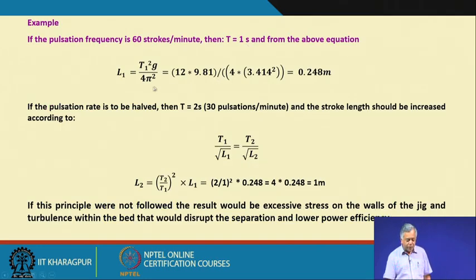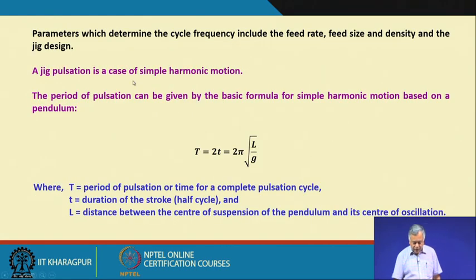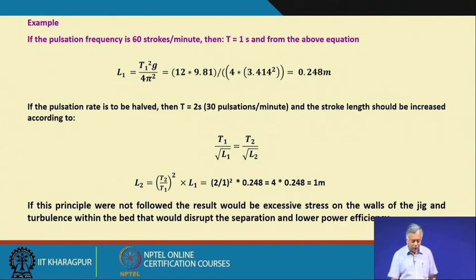From the above equation, T = 2π√(L/g), so L = T²g/4π². That is, L1 = T1²g/4π². We know the value of T1.